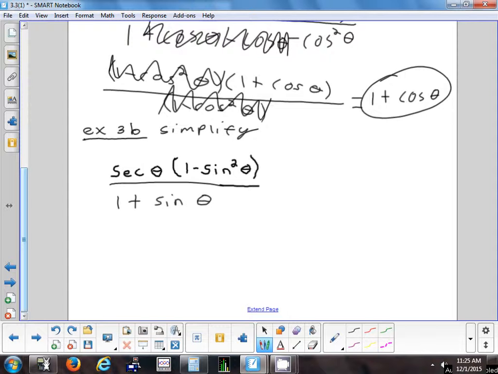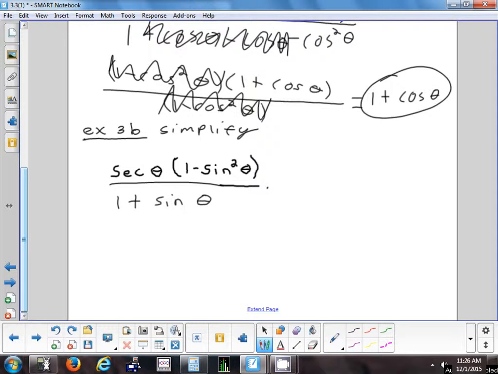And I say, well, should I change that to a sine or cosine? But then I look at what's in the numerator. I see 1 minus something squared. Anytime I see that, and then I see something like 1 plus sine in the bottom, I'm thinking if I use conjugates, I'm probably going to get something to cancel out. So let's try it and see what happens.